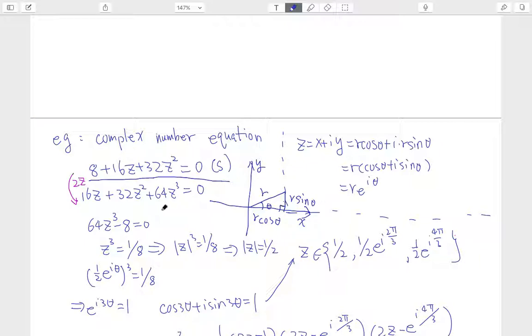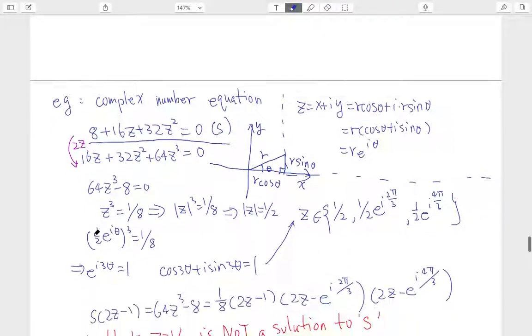And then we come back to solving the equation. We follow the procedure in this way. We multiply by 2z, and the first term becomes 16 times z. The second term becomes 32 times z squared, and you can see that.